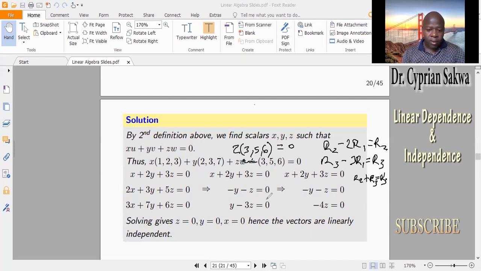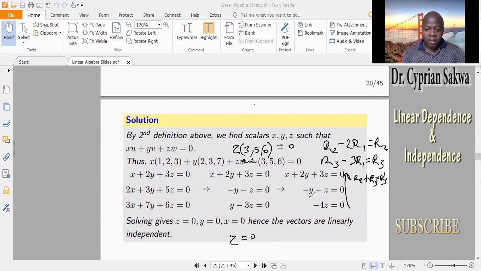Now, you can see that we can solve this from the bottom. Since negative 4z equals 0, it means that z would be 0. From the bottom, we solve going up.